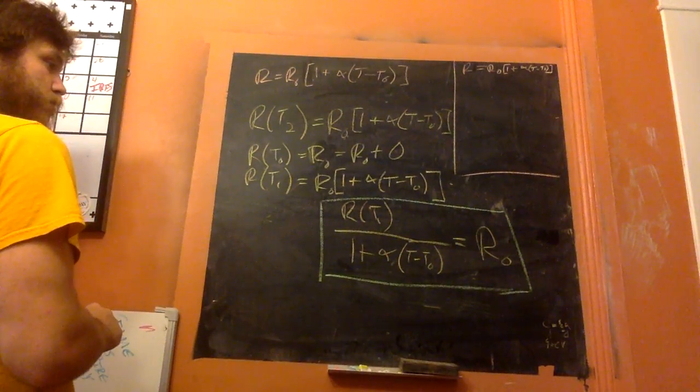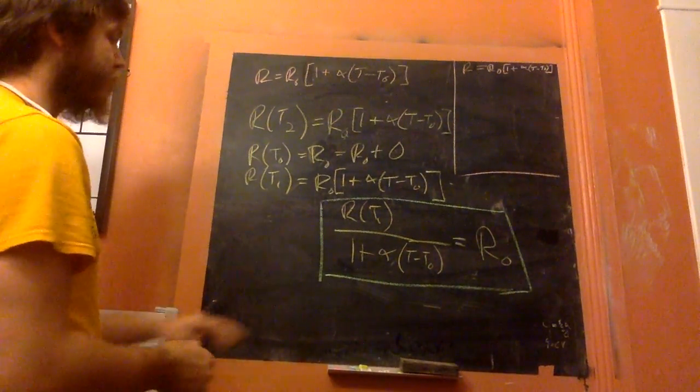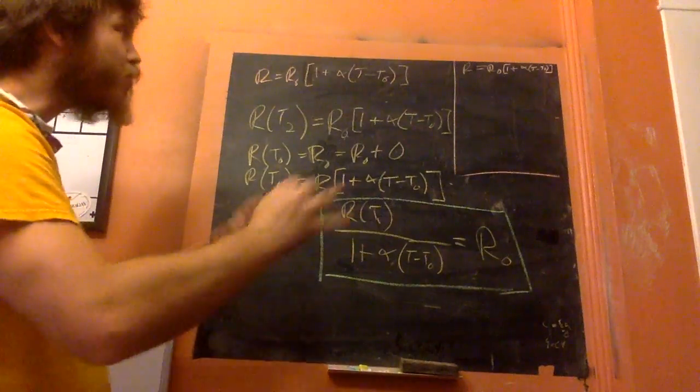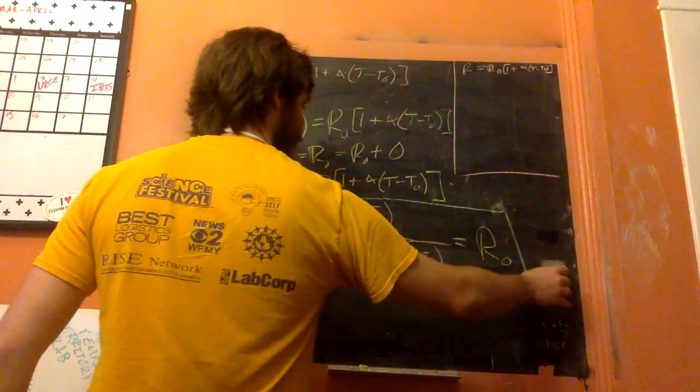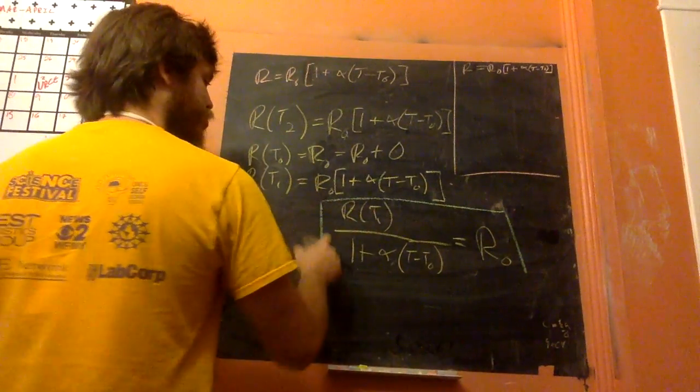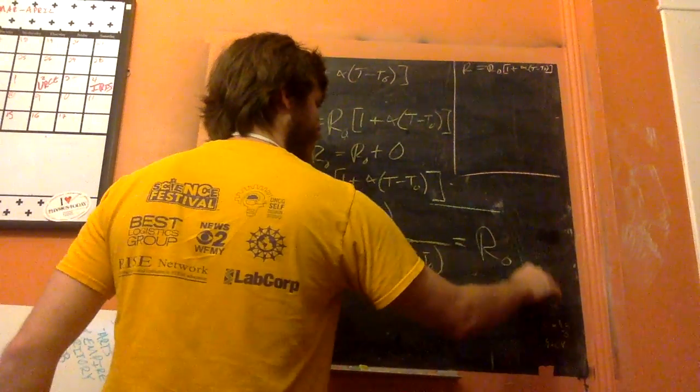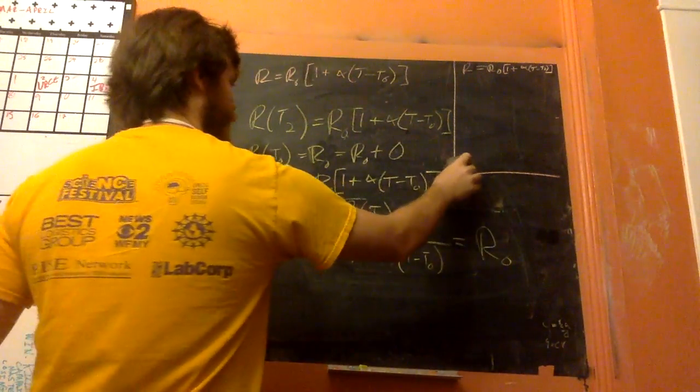We want to start this problem by solving for R0, which is right here. Okay. So, now that we have R0, then we plug in T2 to our equation for resistance. And let's actually use the term for R0 so we can see what the algebra looks like to do it in one step.